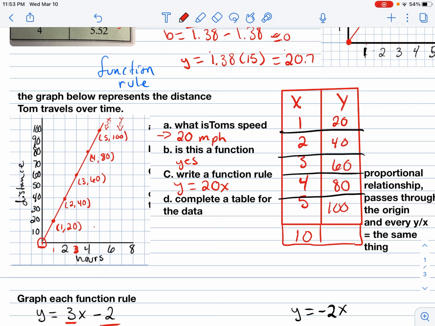So then at 10 we're just going to multiply 10 by 20 and get 200. Okay, so we can use these points to fill out the table. And this table is just a representation of the coordinates of points on the graph. You've got your x value and your y value.